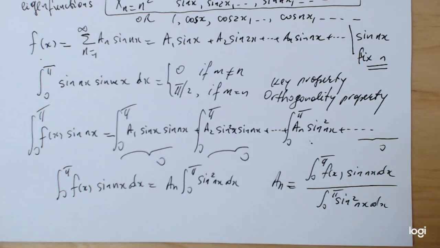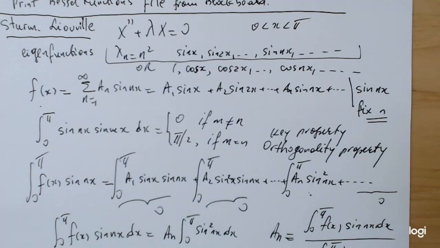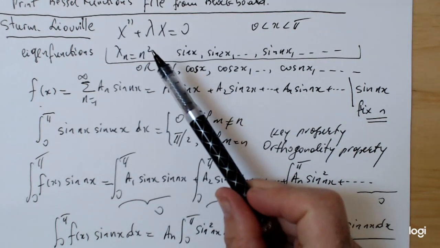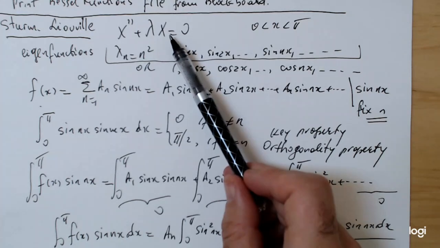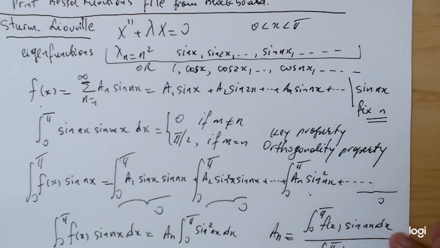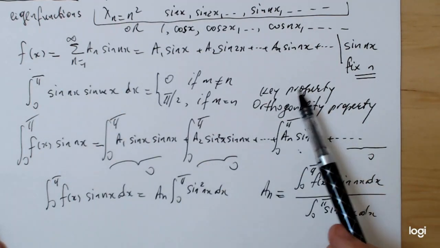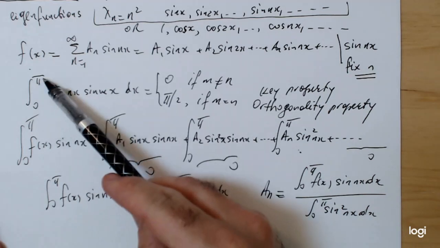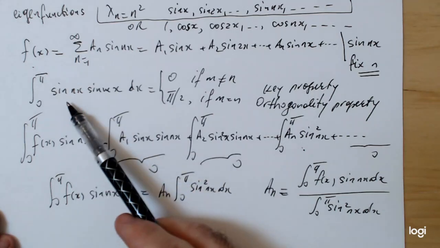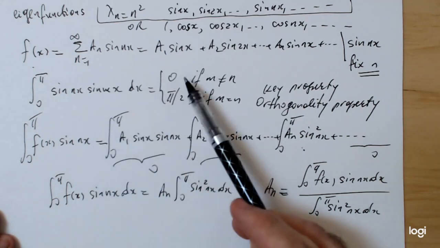So again, in the process of solving a boundary value problem via separation of variables, we end up with something called an eigenvalue problem. That is an ordinary differential equation that leads to infinitely many solutions. But those infinitely many solutions should have this orthogonality property, namely that on the appropriate interval, which may be different depending on the case, the integral of the product of any two distinct ones should be 0.